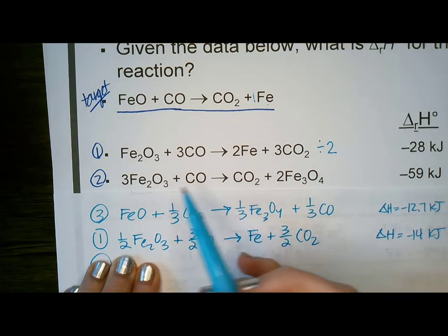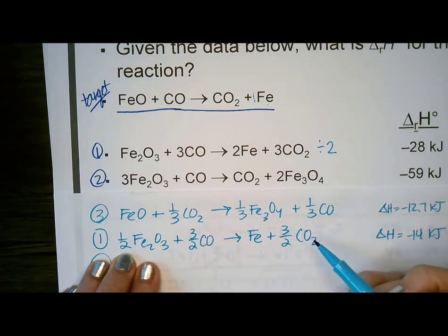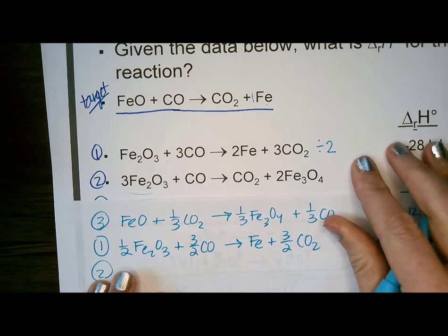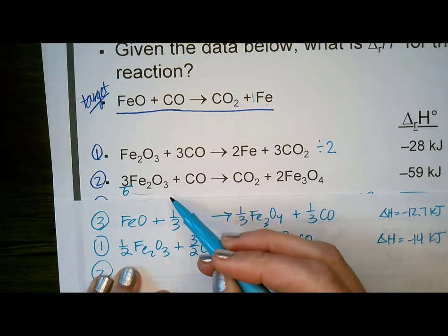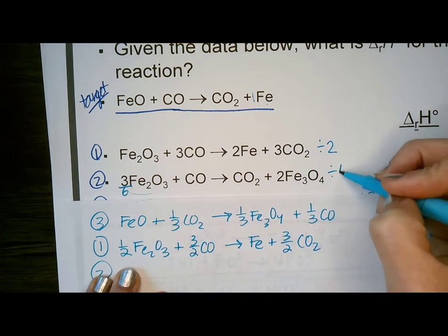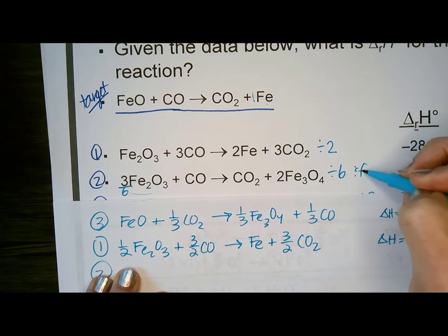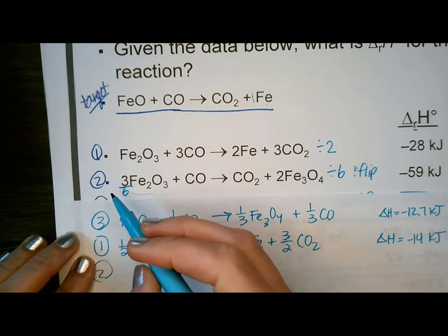So how do I go from 3 to 1/2? Well, I think we need to divide everything by 6, right? 3/6 is equal to 1/2. Divided by 6, and we need to flip. That would make sense.